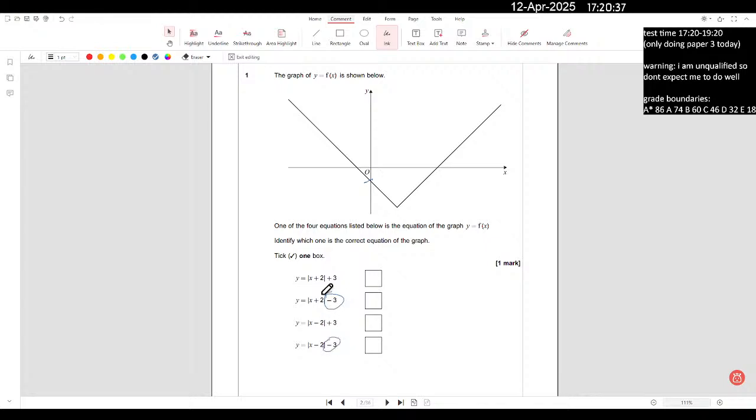Now, how do we tell which one it is? Oh, okay, the turning point is when x is positive, meaning it should be this x minus 2. Wait, I need to check this because this is something I'm not very familiar with. If I get one of the first questions wrong, you already know.